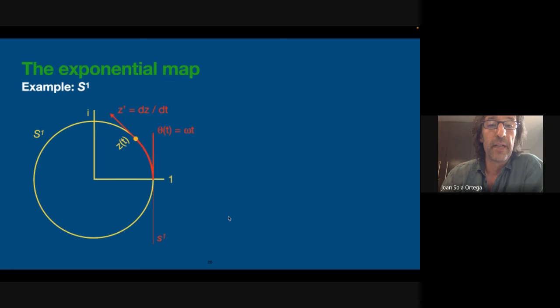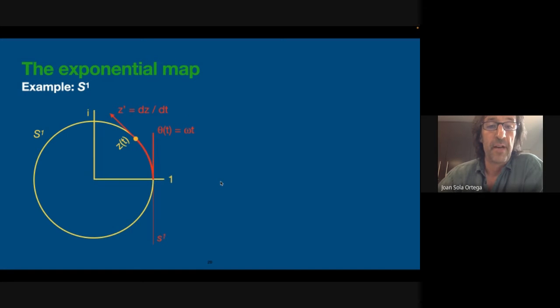I would like you to see this small, slow animation. You have a point that starts at the identity and has this velocity, okay? But of course it has this velocity, which is tangent. The tangent escapes the manifold, but the point is not allowed to escape the manifold. So this is how things will work, okay?